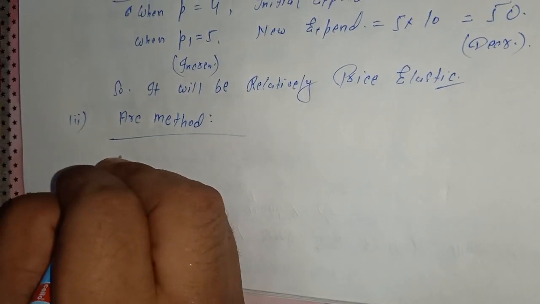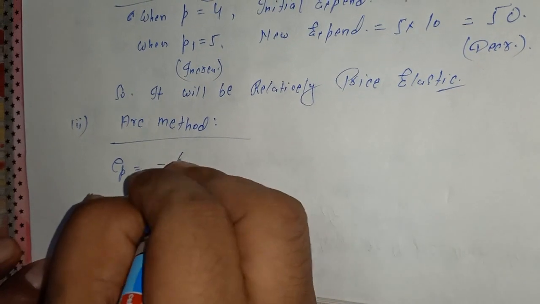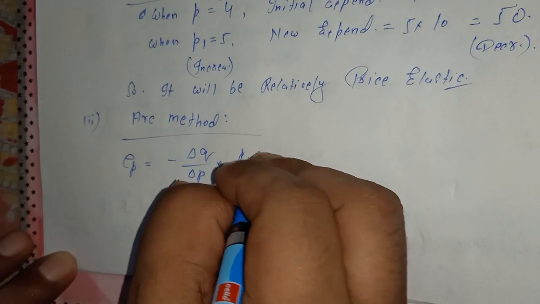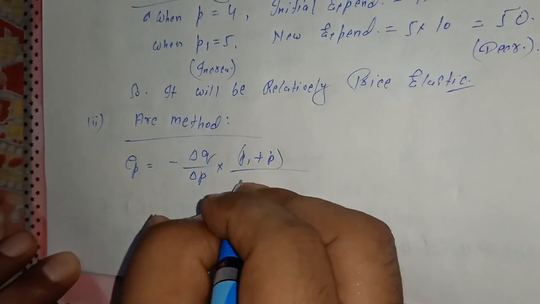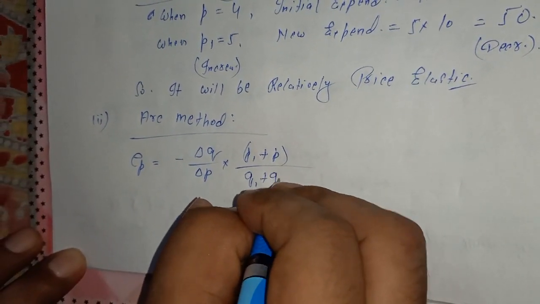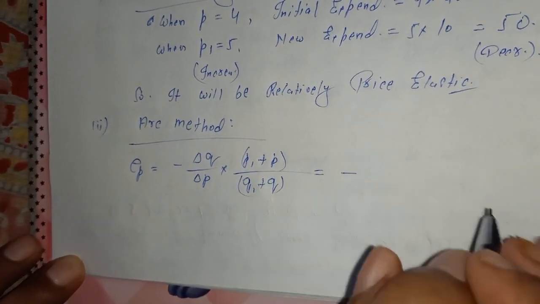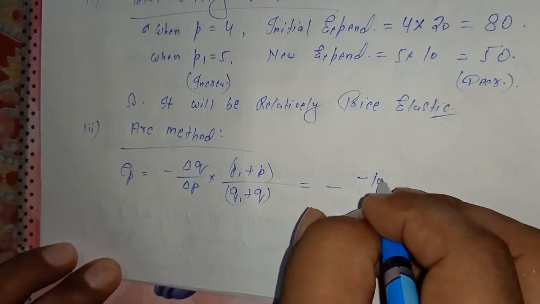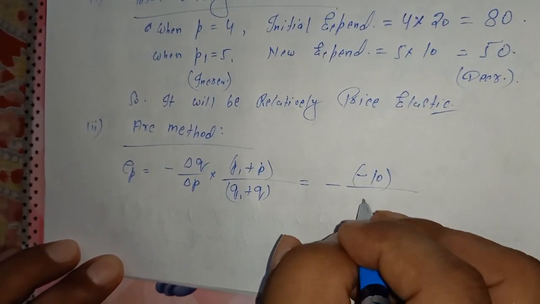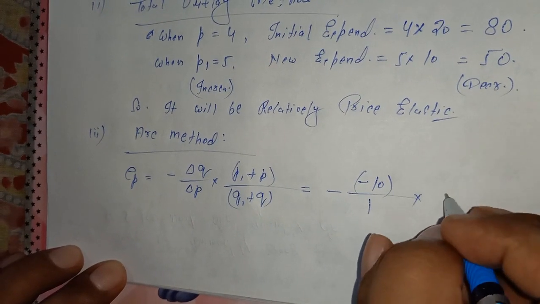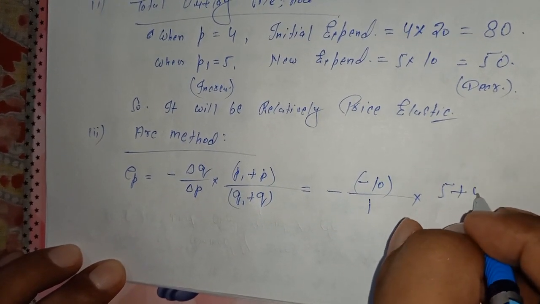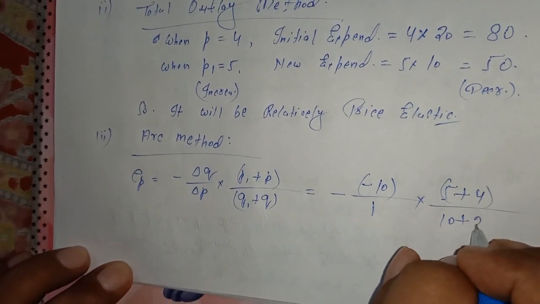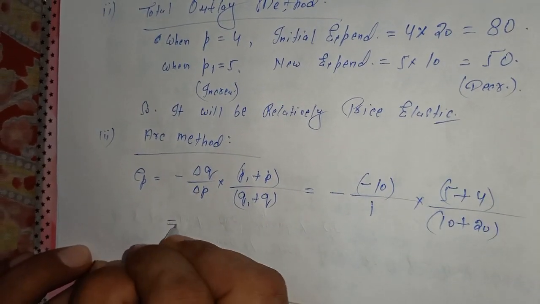The formula for the ARC method is EP is equal to minus delta Q upon delta P into P1 plus P upon Q1 plus Q. Put down the values: delta Q is minus 10, delta P is 1, P1 5 plus P 4, Q1 is 10, Q is 20.